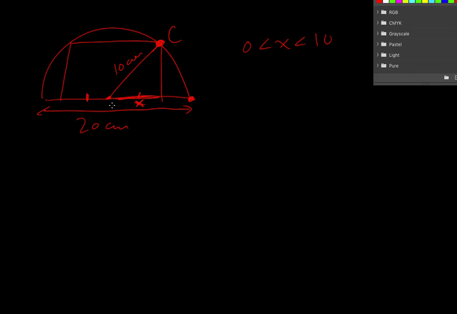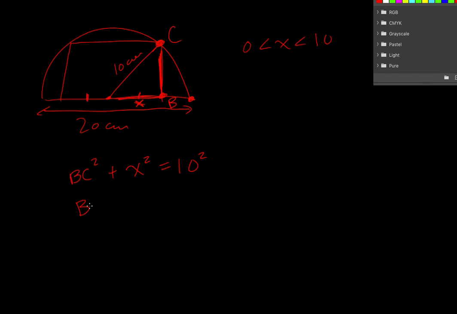Okay? Now we're just going to use the Pythagorean theorem. And let's call this B as well. So the length of BC squared plus the length of x squared is going to equal 10 squared.